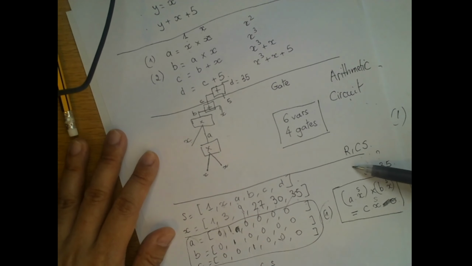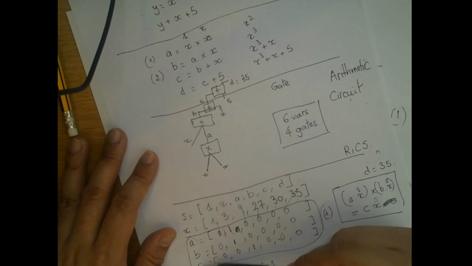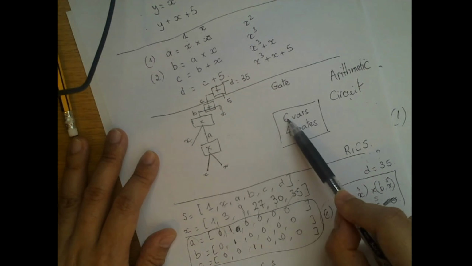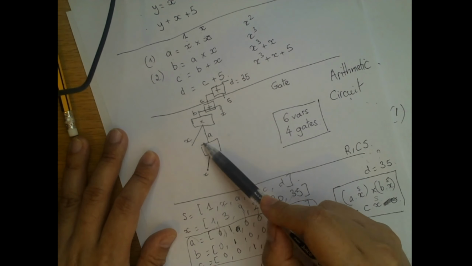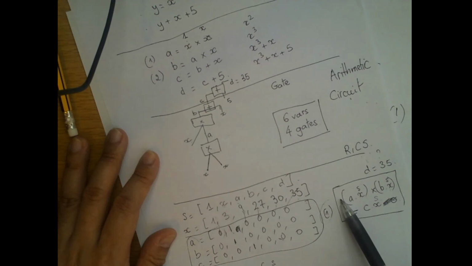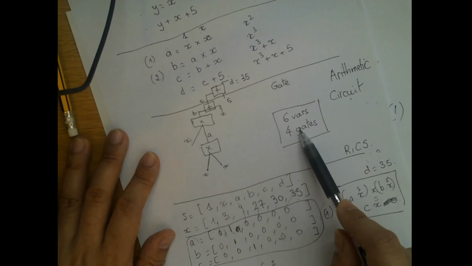That would be a set of ABC, where ABC are vectors. The dimension of the vector is the number of variables, because the solution would be the assignment of these wires. So variables and wires are the same thing here. And you have as many sets of ABC as you have gates.